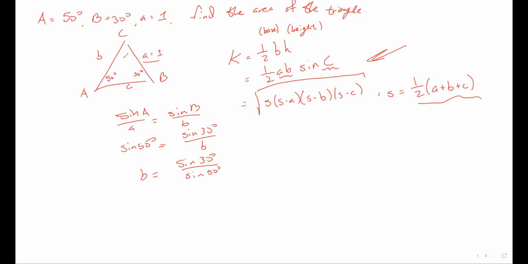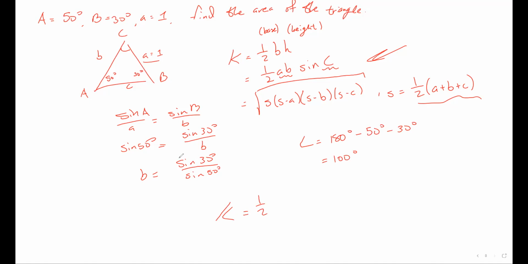So capital C, we can just do that how we did before, right? C is going to be equal to 180 degrees minus 50 minus 30, which is just 100. And now we can just punch in everything. So K is equal to 1/2.